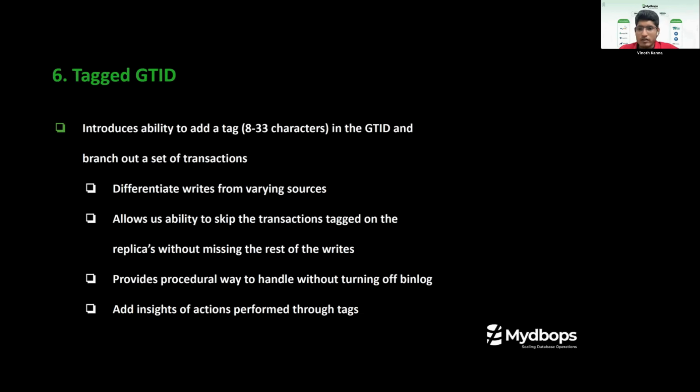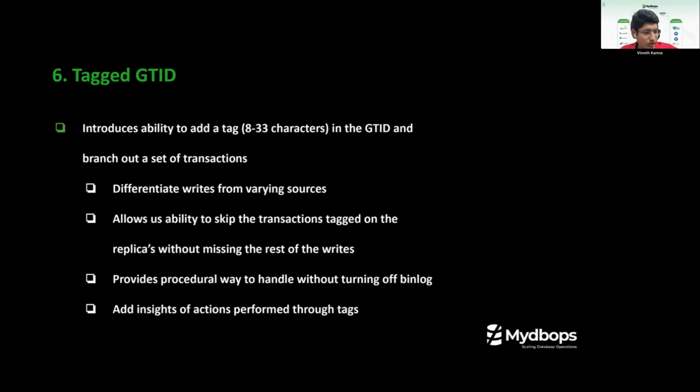This is more useful when you are running an InnoDB cluster or a group replication cluster, because, as you know, in group replication the communication happens via bin log. If you turn off the bin log, there is a possibility of data differences within the cluster, which we don't want. Within the cluster, data should be uniform.